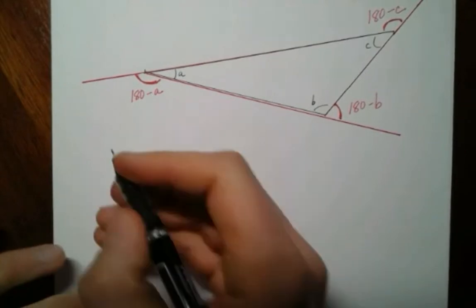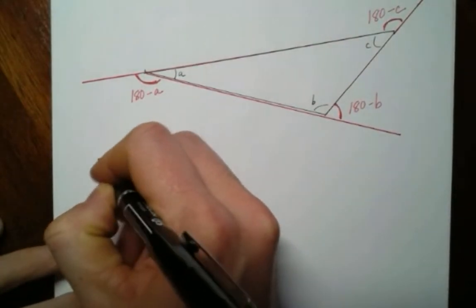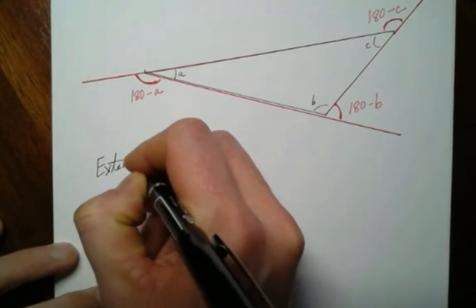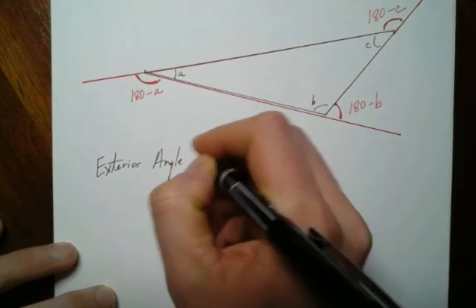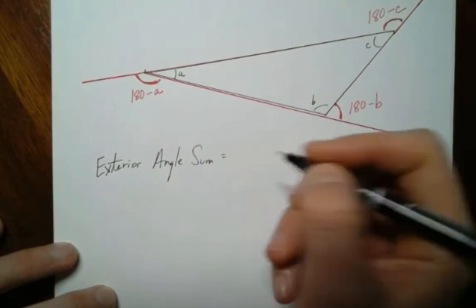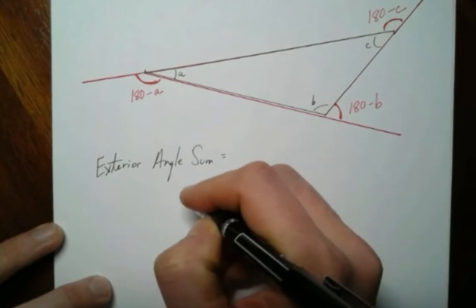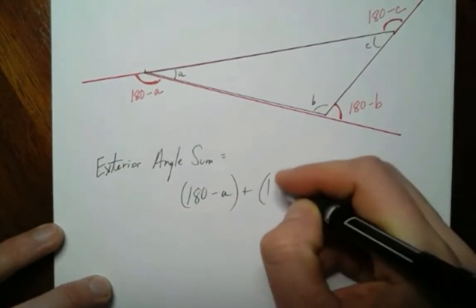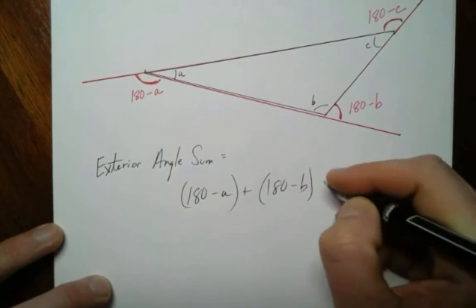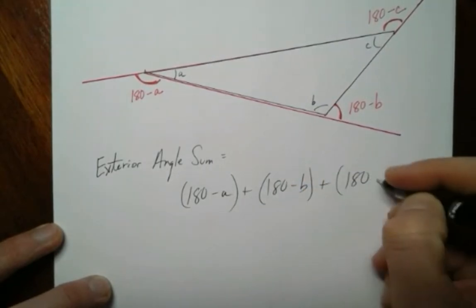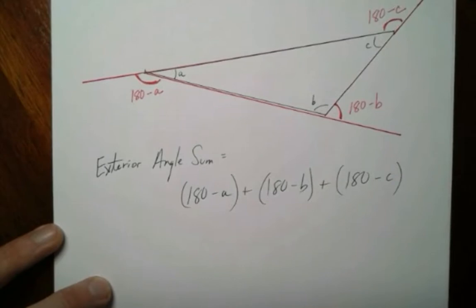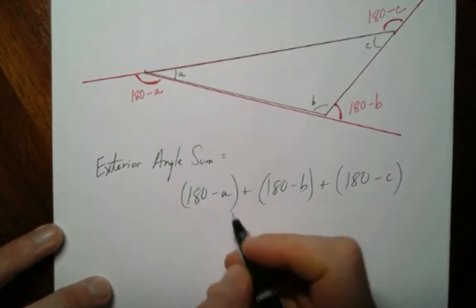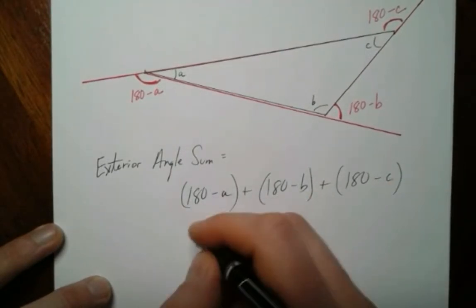So then the exterior angle theorem, or the exterior angle sum, is just the sum of those. It's going to be 180 minus A plus 180 minus B plus 180 minus C. Okay? So then just using our algebra skills, we can get rid of all this.